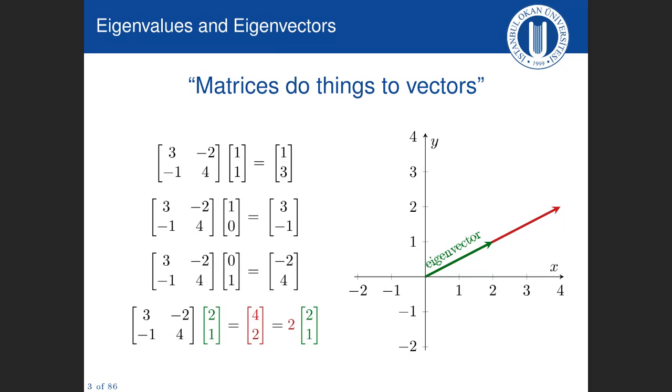In other words, we just have a number multiplied by the vector that we started with. Vectors which have this special property, that when we multiply them on the left by a matrix they just give us a number multiplied by the vector we started with, are called eigenvectors.